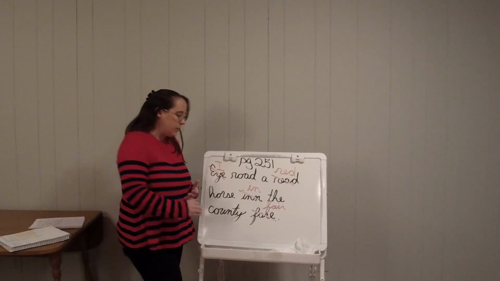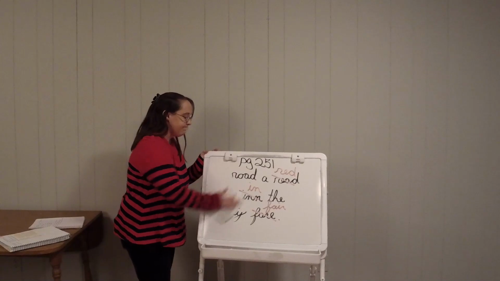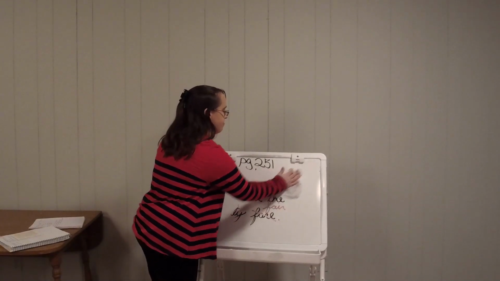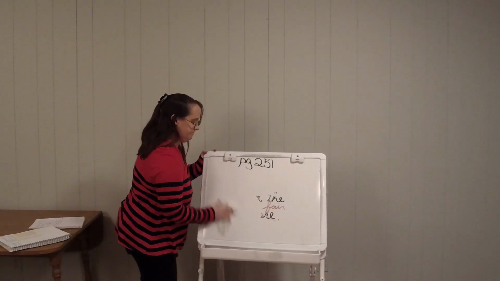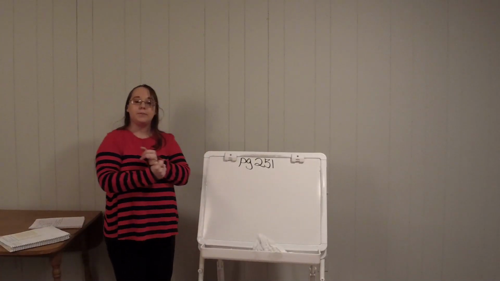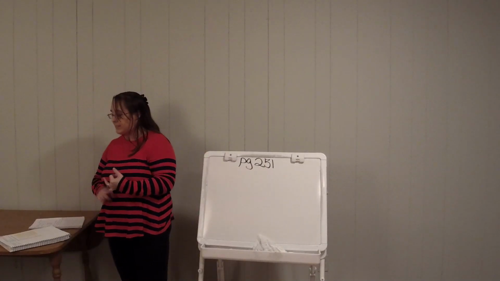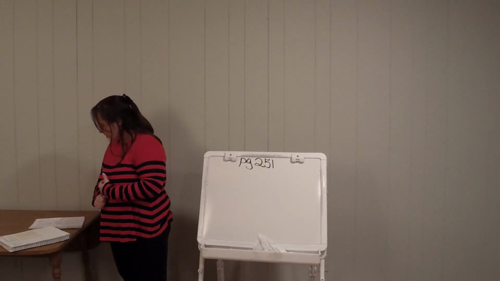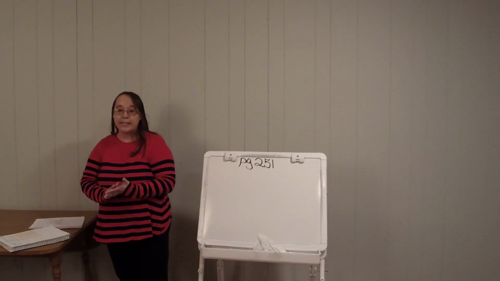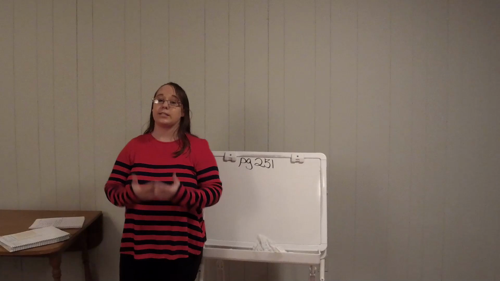So that's one thing you really have to pay attention to. So synonyms are words that sound different and mean the same. Antonyms are opposite meanings, and homophones are words that sound the same, mean different things, and they're spelled differently.